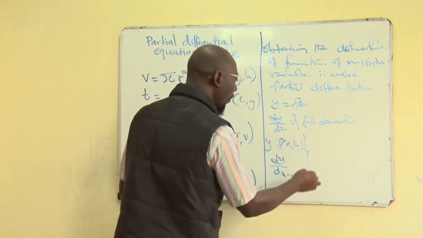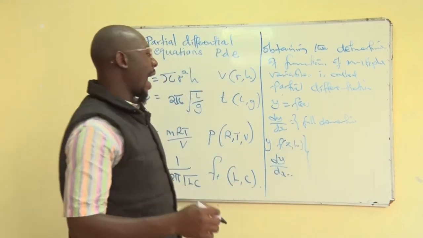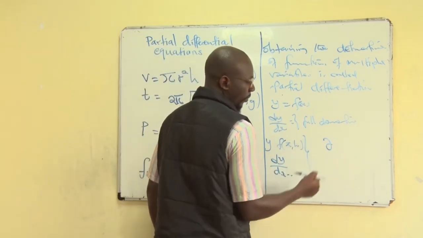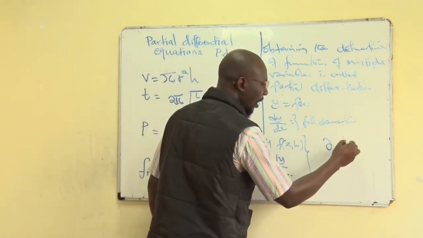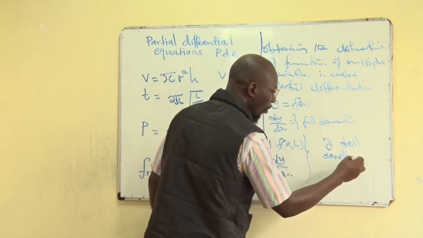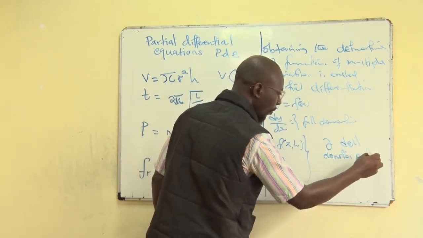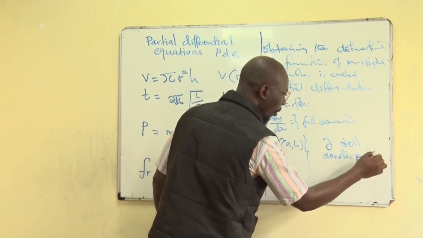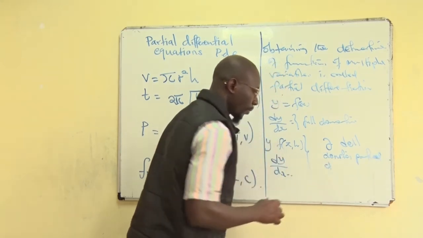So we will call it a partial derivative. The partial derivative is denoted with a del, read as del. This denotes a partial derivative.